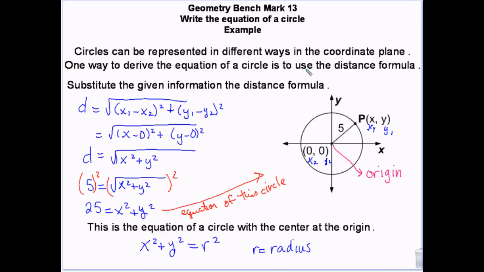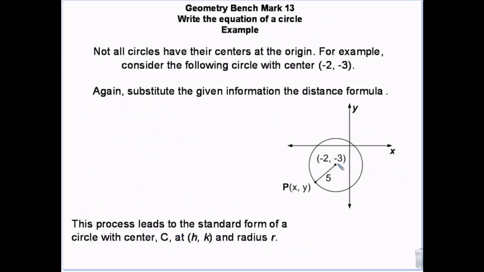Okay, so when you're not centered on the origin, so here I'm centered off the origin, I'm centered at -2, -3. So if I call this x1, y1, it's still the same radius, it's just moved. That 5 next to it is the radius.